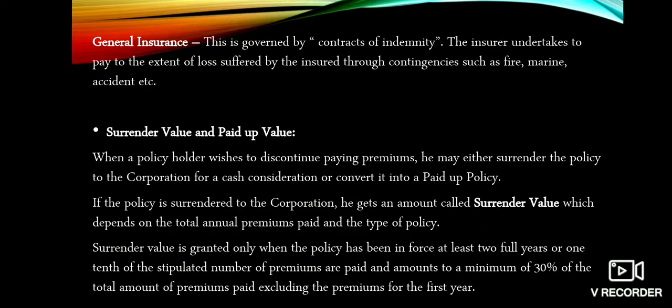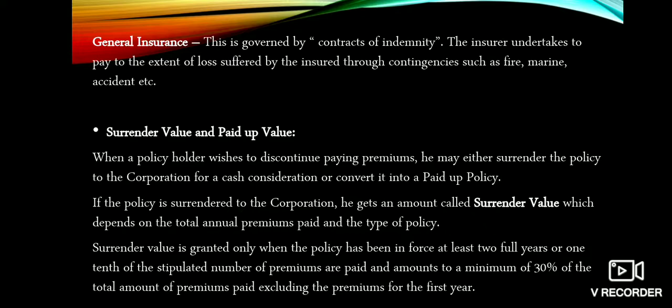So when a policy holder wishes to discontinue paying premiums, he may either surrender the policy to the corporation for cash consideration, or he may convert it into a paid up policy. So if the policy is surrendered to the corporation, then he gets an amount called surrender value, which depends on the total annual premiums paid and the type of the policy.